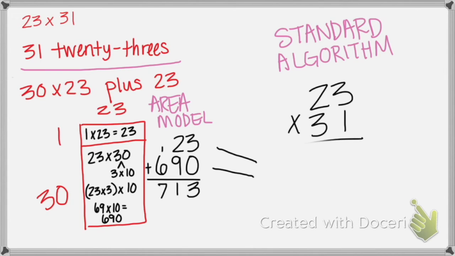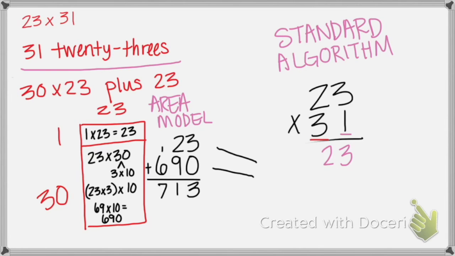When we're solving the standard algorithm, we'll first take our 1's place and multiply that by each number. So we'll take 1 times 3 gives me 3. 1 times 2 gives me 2. Then we are going to move on over to the 3, which happens to be in the 10's place. This is actually 30.